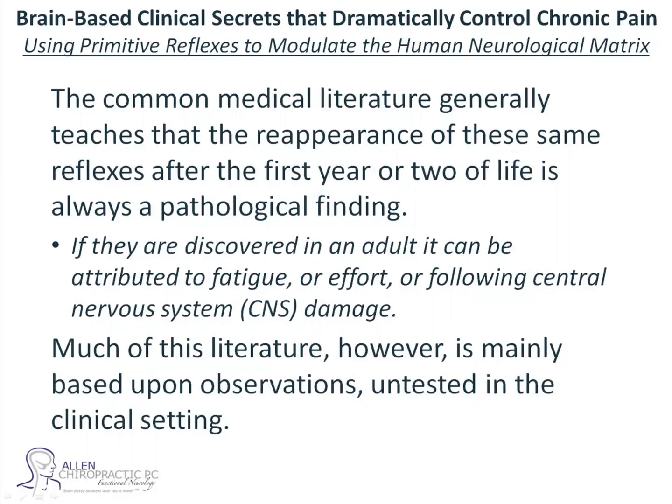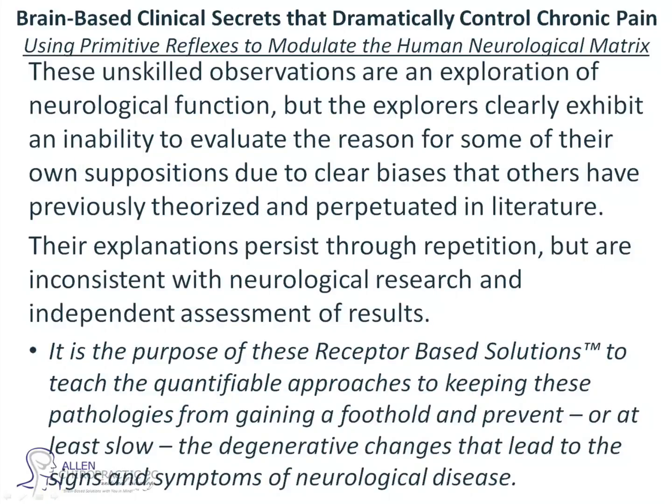The common medical literature generally teaches that the reappearance of these same reflexes after the first year or two of life is always pathological. If they are discovered in an adult, it can be attributed to fatigue, to too much effort, or following central nervous system damage. Much of this literature, however, is mainly based upon observations, and it's untested in the clinical setting.